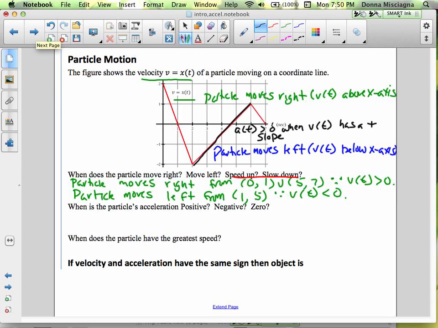All right, so when is the particle's acceleration positive? So the particle, actually I have to put acceleration. Acceleration is positive, and that is from 2 to 6. And we know that because v of t has a positive slope.